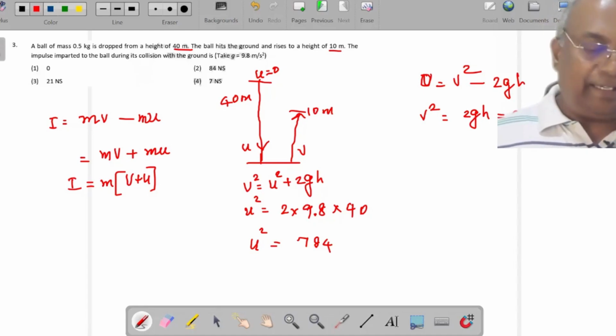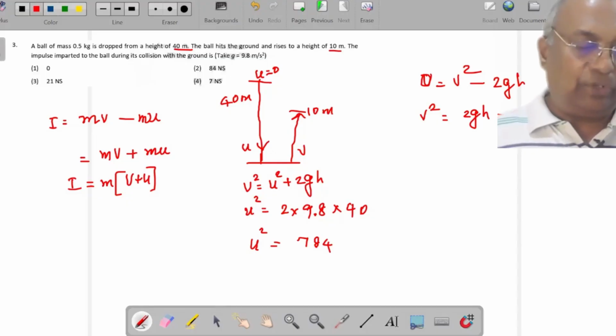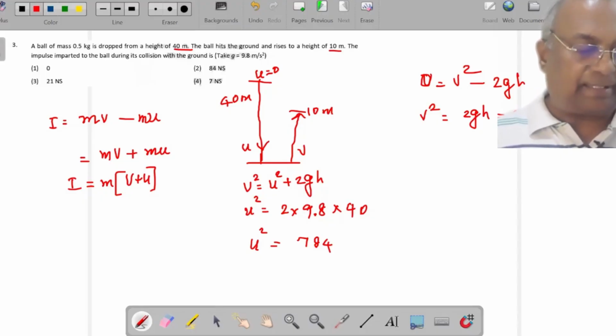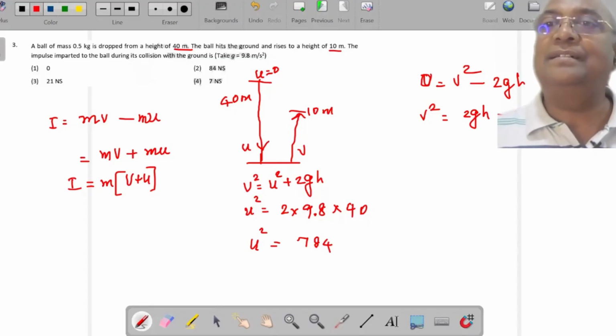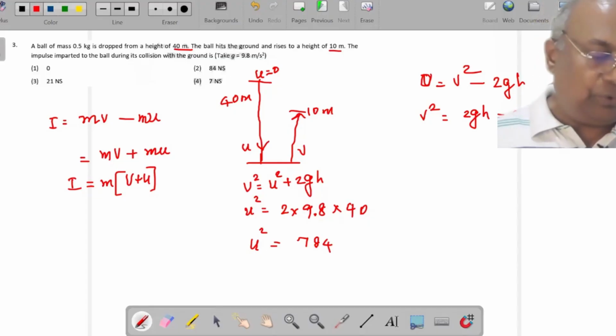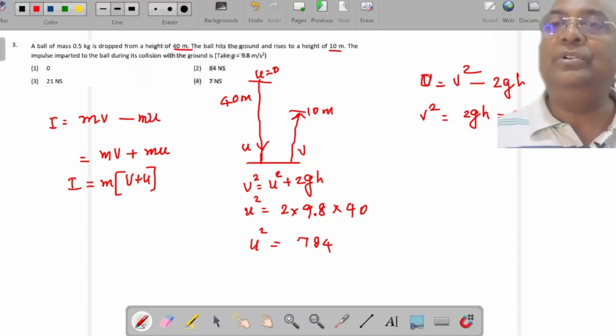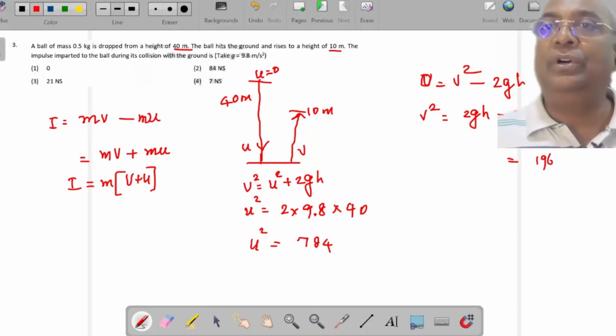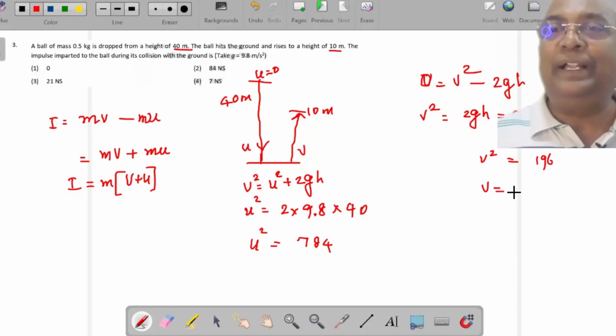So 98 into 2 gives 196. So v squared is 196, and v is nothing but 14 meter per second.